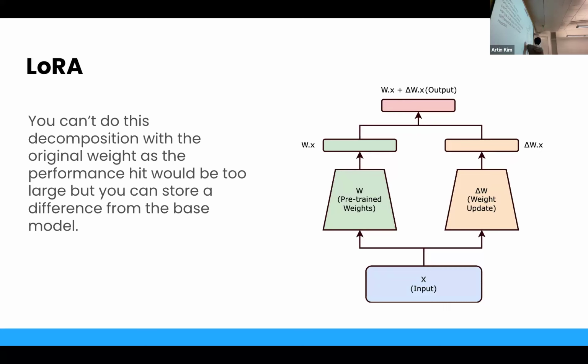You're not modifying the original weights. We're storing the difference that we should apply to the original weights to get our fine-tuned model. You can just store that difference as a separate file.